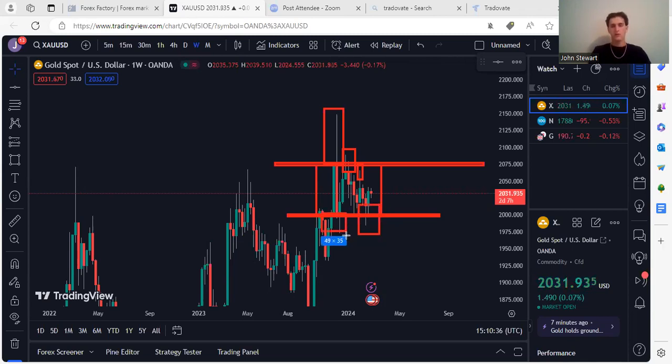What this wick means is that the candle came down here but then came back up, went up here and came back down. So that tells me these candles are having a hard time breaking through these levels right now.